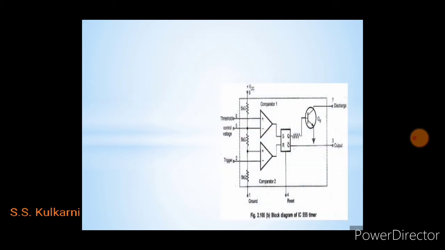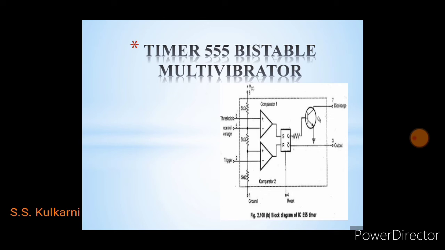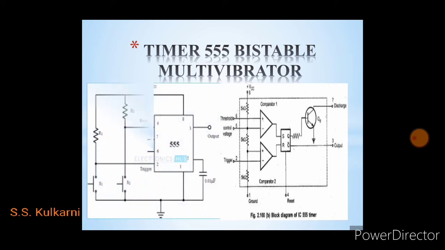Now, let us move toward the second application of timer, that is 555 timer bistable multivibrator. Here figure shows a bistable multivibrator. As shown in figure, two switches are used, S1 and S2.